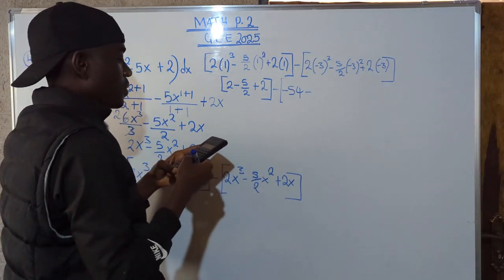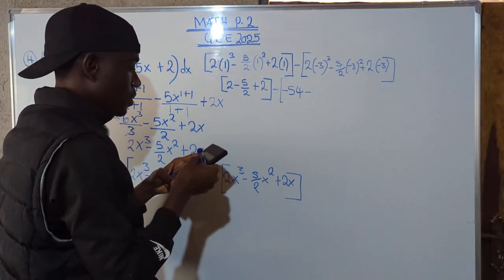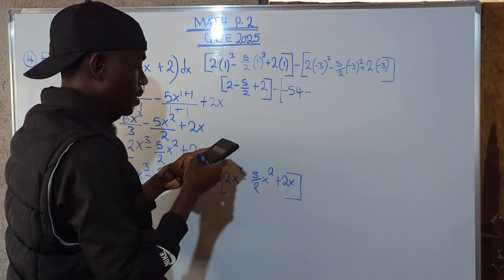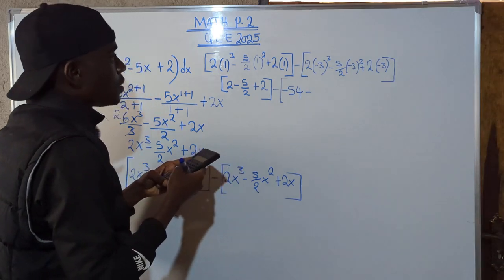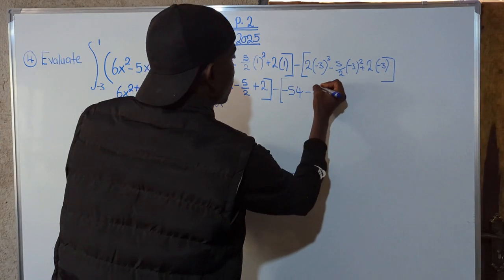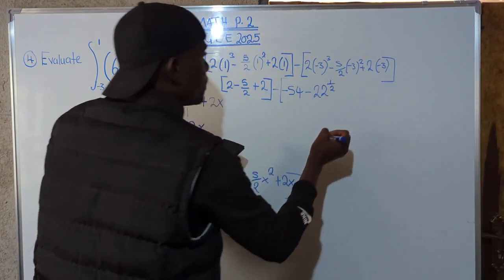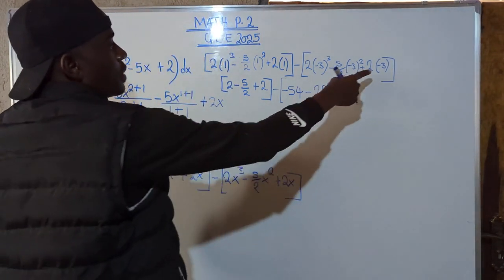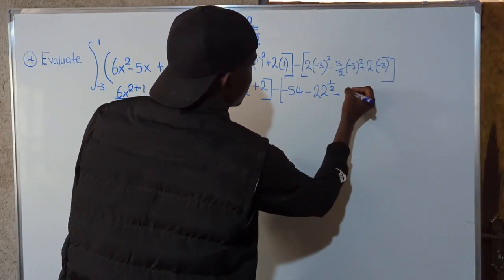Okay. Let me just punch this. Okay, so this one is giving us 22 and 1 over 2, this part here. Then this part, of course, is going to give us a minus 6.